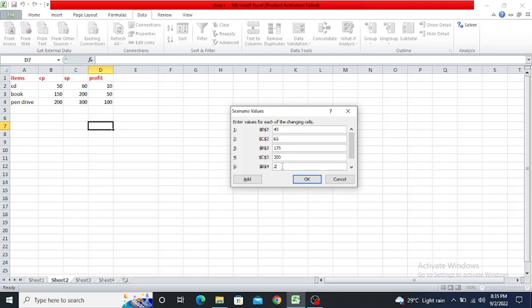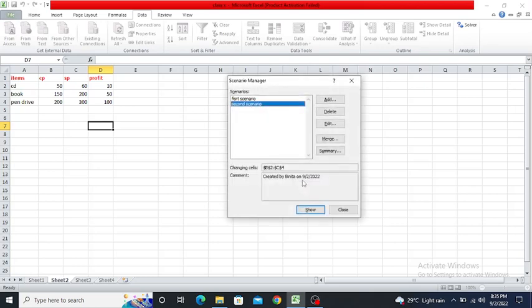Then I am giving the cost price of the pen drive as 270 and selling price as 380. Okay, then click on OK. So here the second scenario is also added. So I have just shown you two scenarios. Like this you can create many scenarios here by simply going on adding.